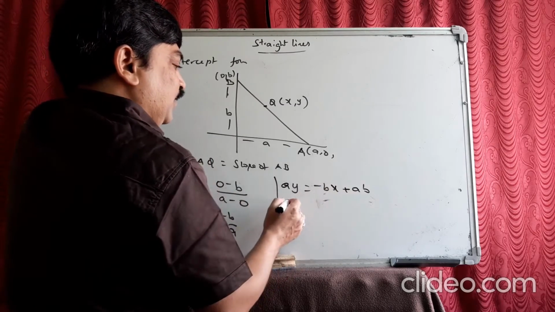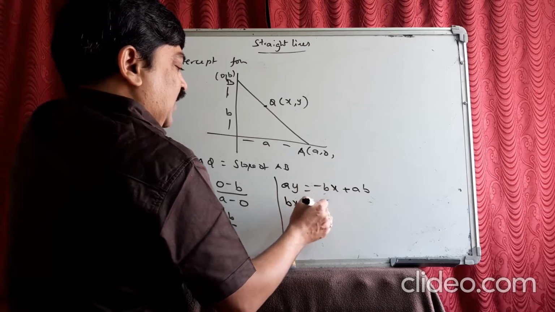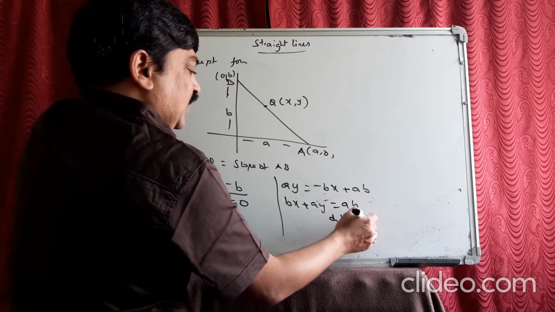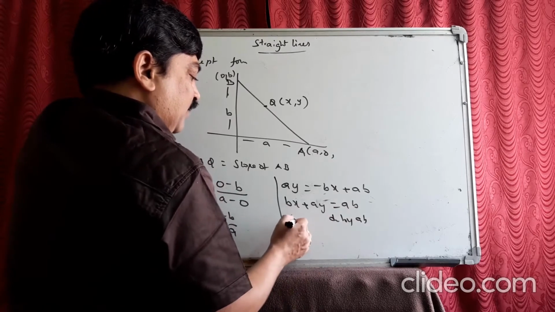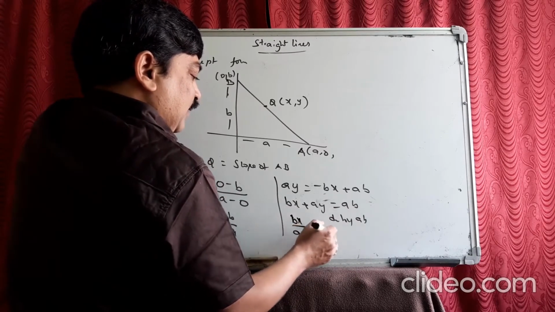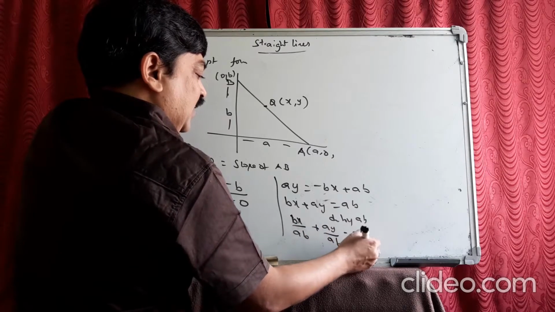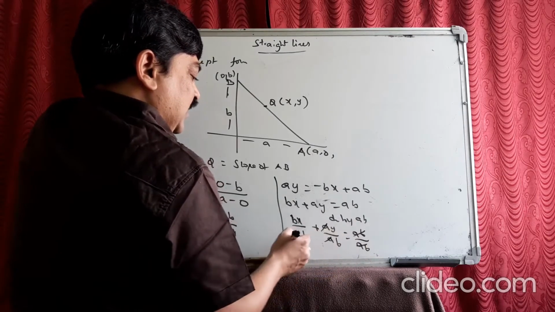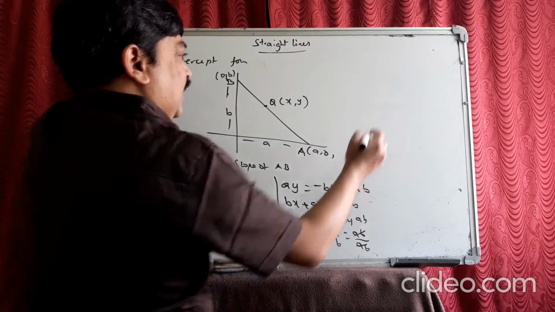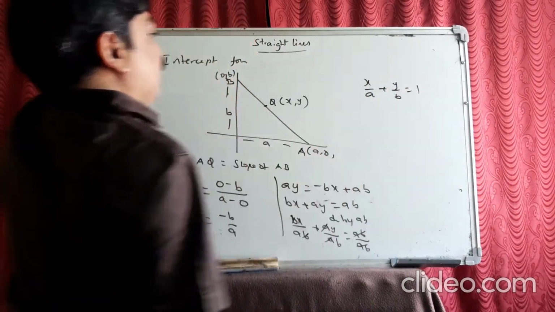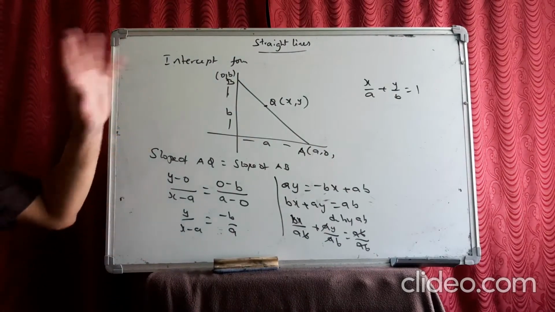Now bring it here. bx plus ay is equal to ab. Now divide throughout by ab. It becomes bx by ab plus ay by ab is equal to ab by ab. So when you cancel this, here a gets cancelled, here b gets cancelled. Finally, the equation will be x by a plus y by b equal to 1. This is the reason how we got that equation.